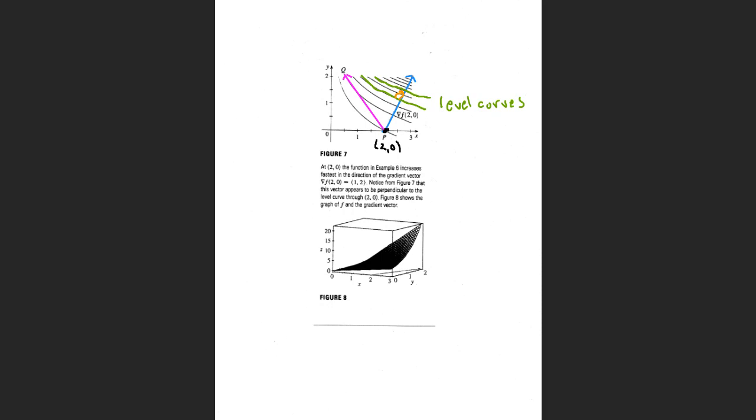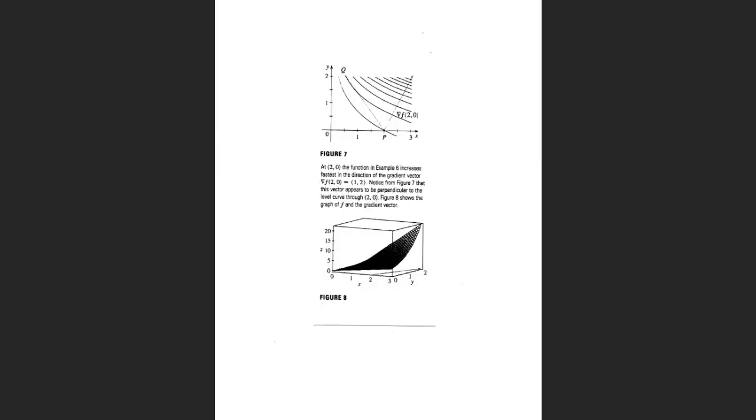Let me do it again here. Okay, there's the gradient vector, and here's the level curve.